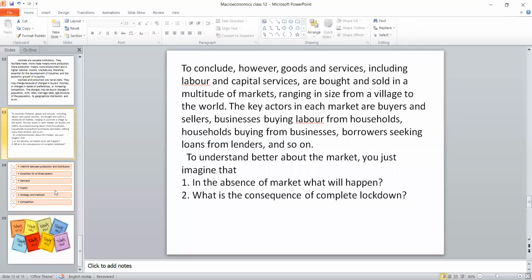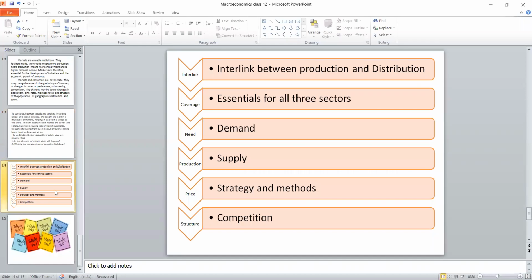Finally, I will explain the scope of market in the macroeconomic context. For that, I am including 6 factors. Understand one thing. The very first one is that the market is the interlink between production and distribution. So the main role of market depends on how it connects the manufacturer and the ultimate consumer.